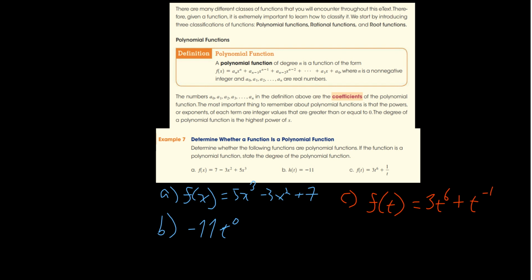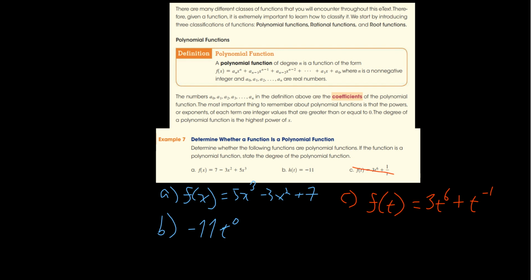Now it should become abundantly obvious what we mean by our variables must be raised to a non-negative power. We have 3t raised to the 6th power here. Good, we're good there. But then we have a t raised to the negative 1 power, and obviously that's negative, so therefore it's not non-negative. So C is not a polynomial.